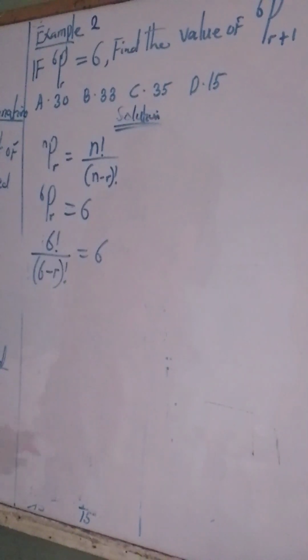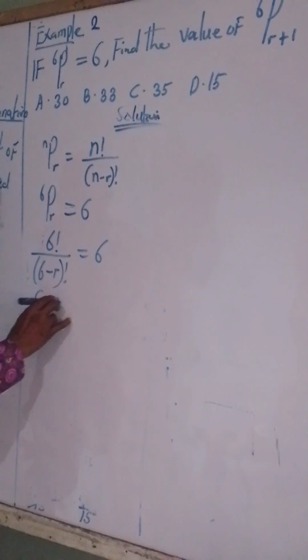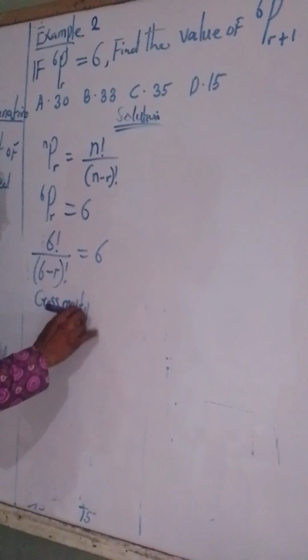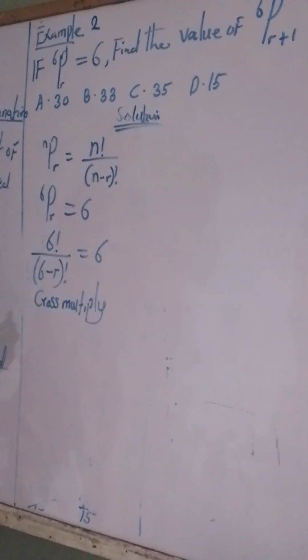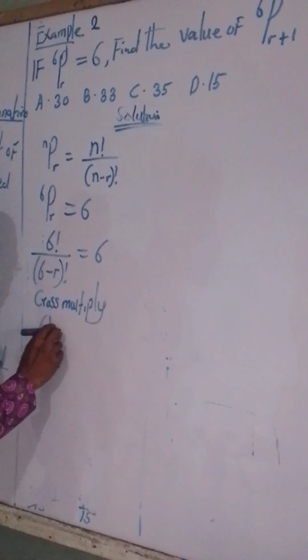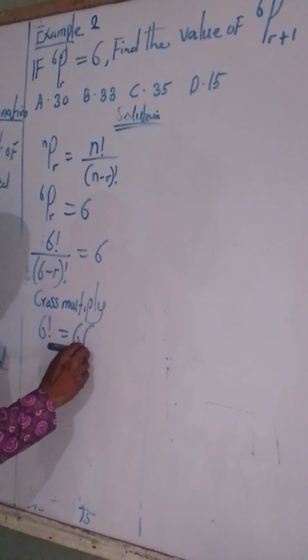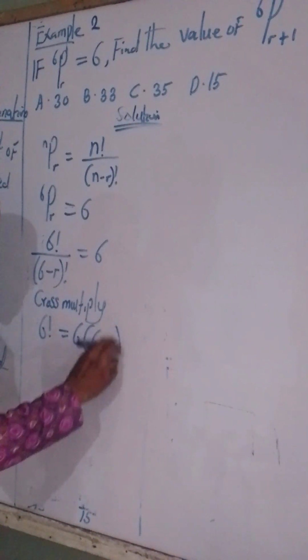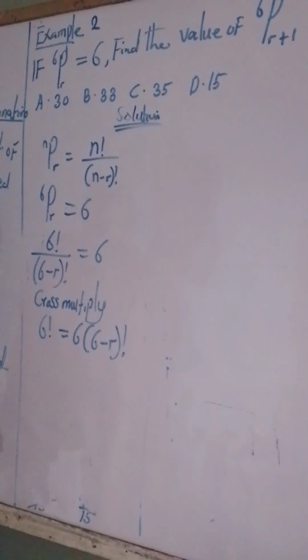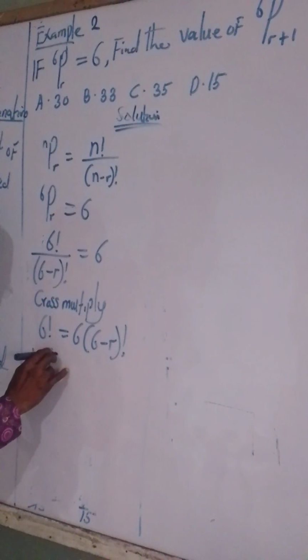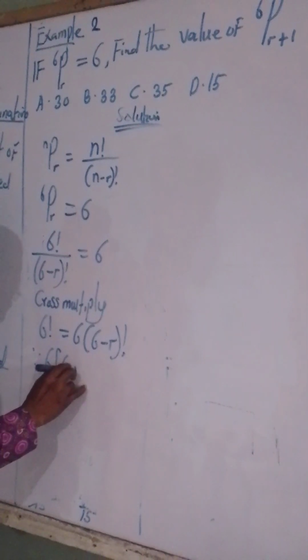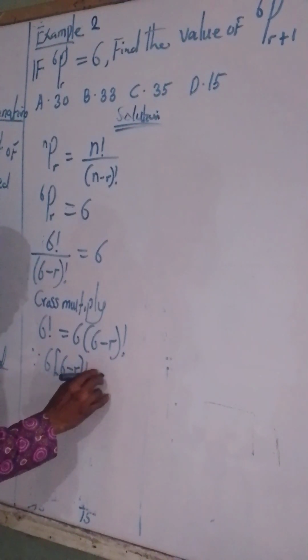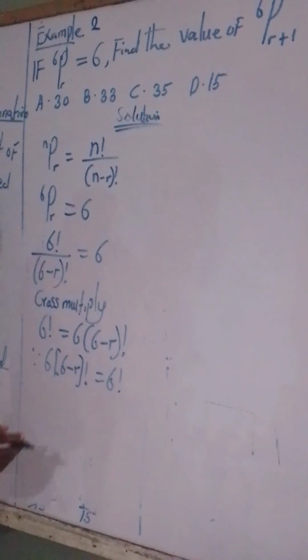What do you think we can do here? This is 6 factorial, and this is (6 minus r) factorial. The next thing we can do is cross multiply. When we cross multiply, we have 6 factorial is equal to 6 times (6 minus r) factorial. Therefore, (6 minus r) factorial is equal to 6 factorial, still the same thing.